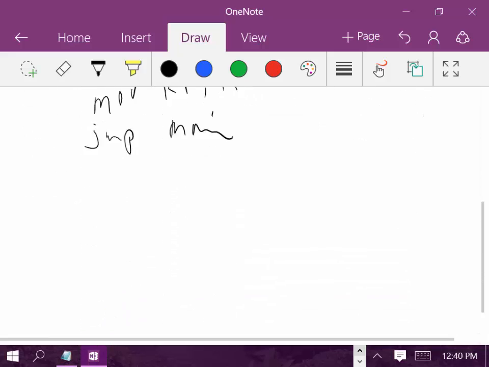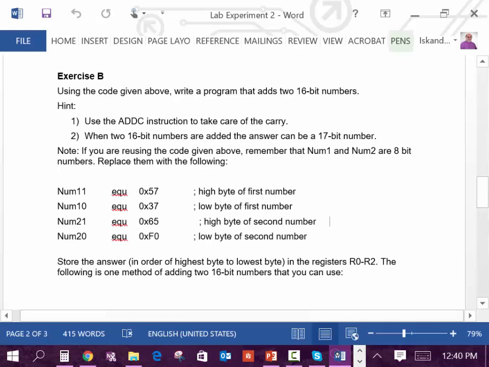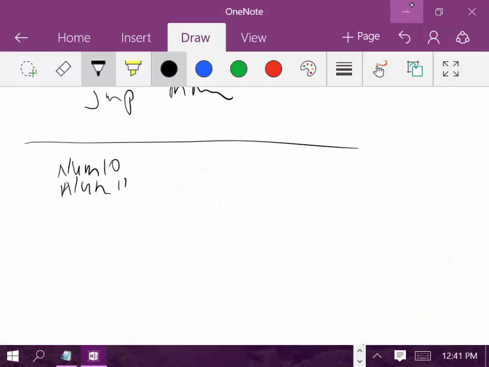So going back to this discussion, we have 4 numbers: num 10, num 11. Is that what I called them? Num 11 and 10. And that's the equate.